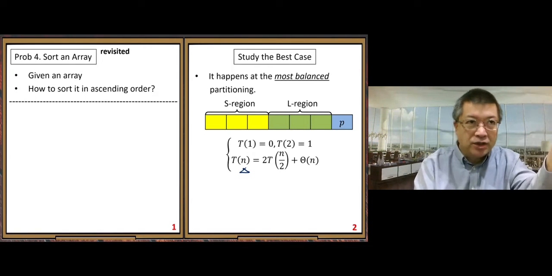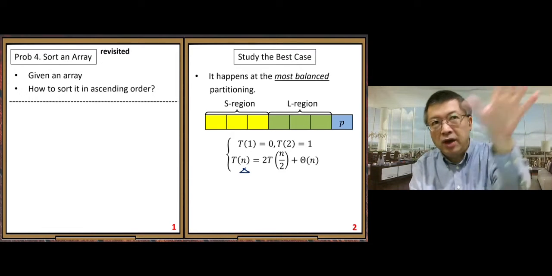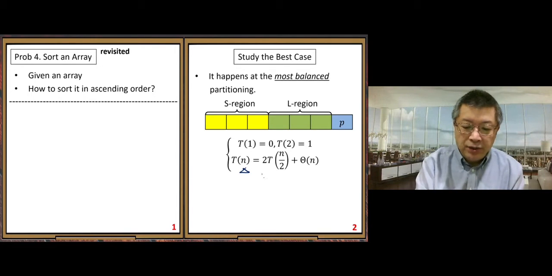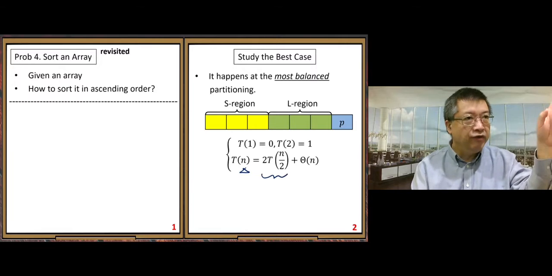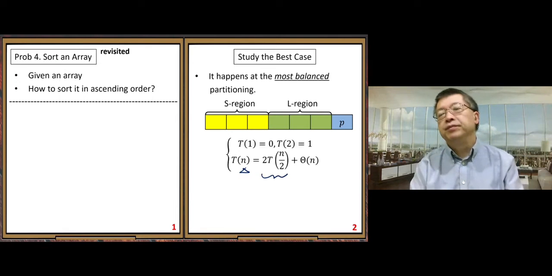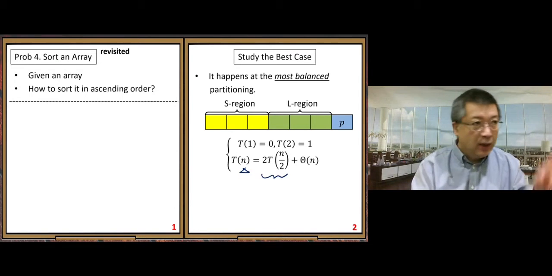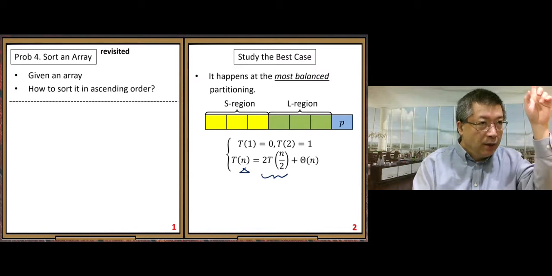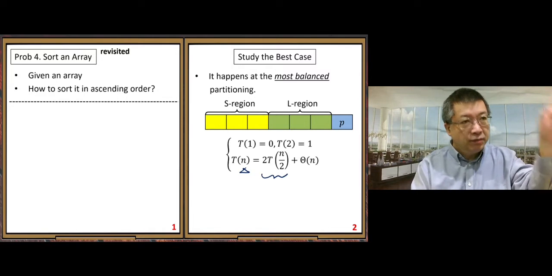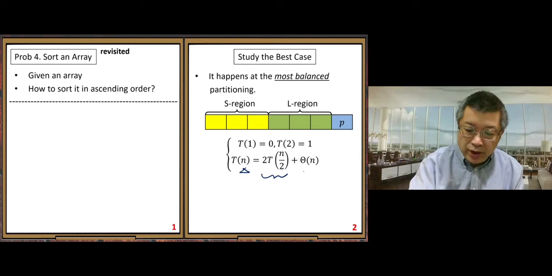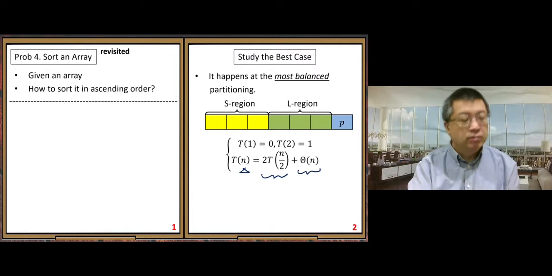So the cost for that conquering part is 2 times T of 1/2 of the data size. But for that partition, we need to pay this much cost.